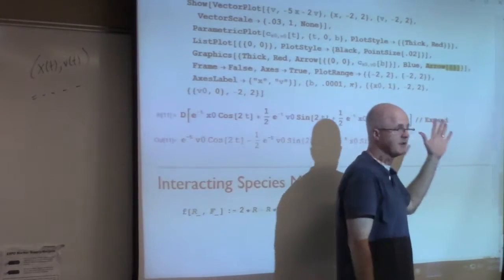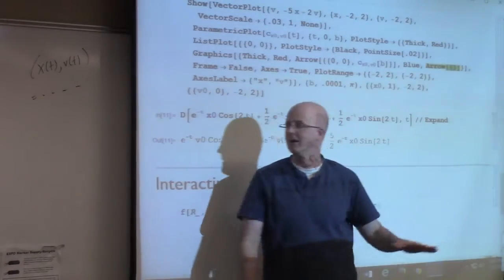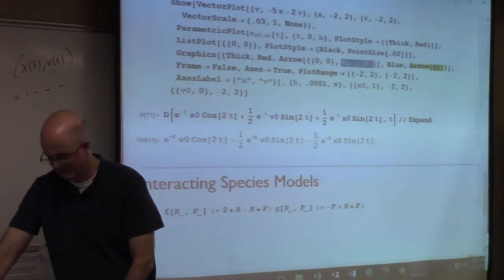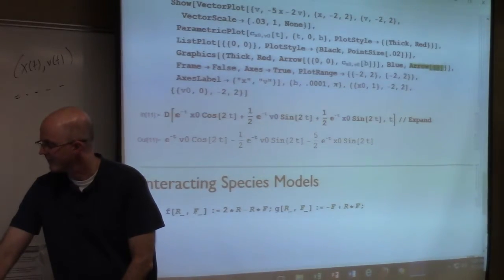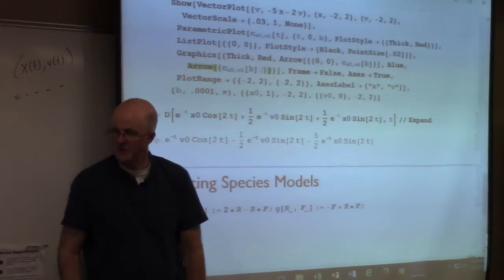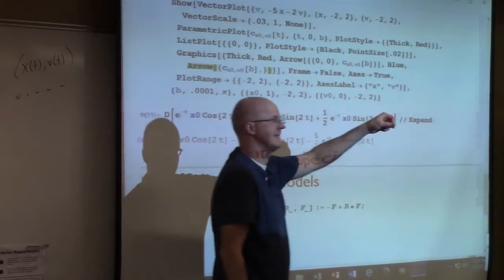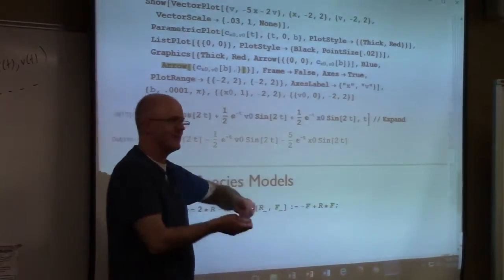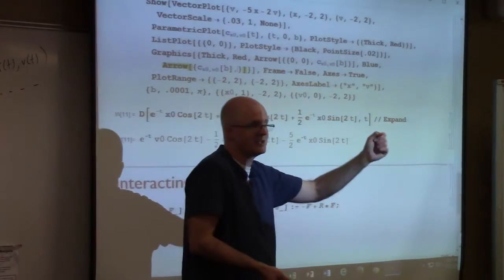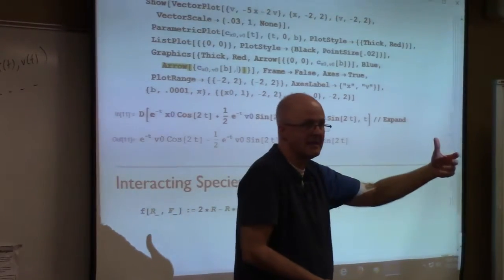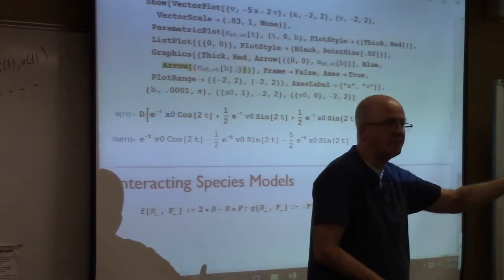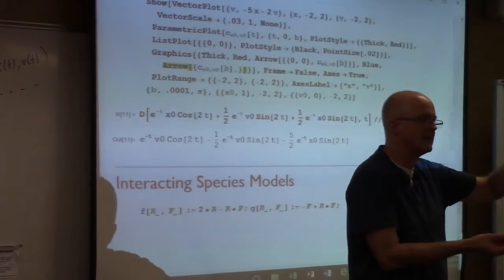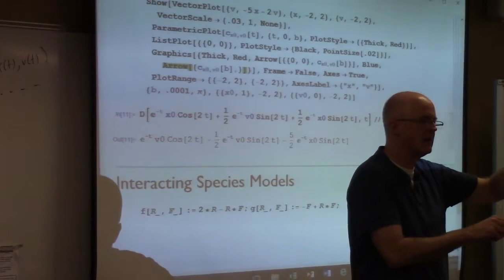So I don't put 0, 0. I don't want it to be based at the origin. I want it to be based at C of B. What should its endpoint be? It should be the velocity vector, which is really the derivative of C. You could call it C prime, but because I'm not basing it at the origin, I have to translate it to the point where it's moving.